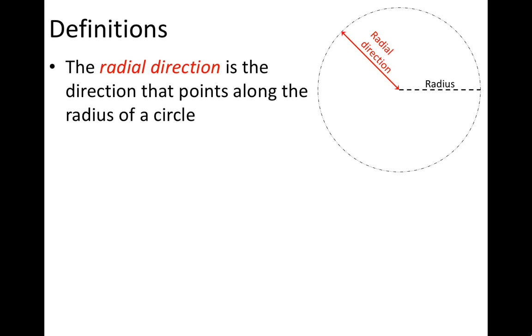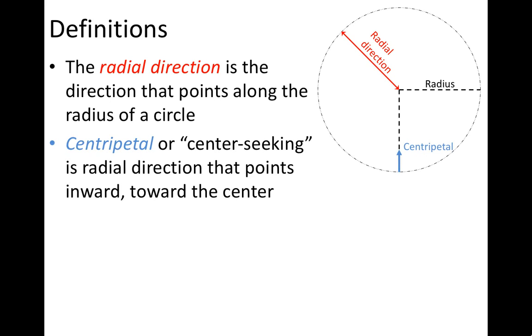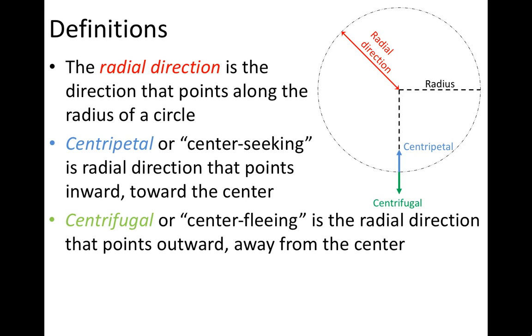And as the object moves around in the circle, that radial direction is going to rotate around the circle with it. If we pick a different point, we can define the direction towards the center of the circle as the centripetal direction. Centripetal means center seeking, and so centripetal always points inwards towards the center of the circle. The opposite of that is the centrifugal direction, or center fleeing, and that always points outwards away from the center.